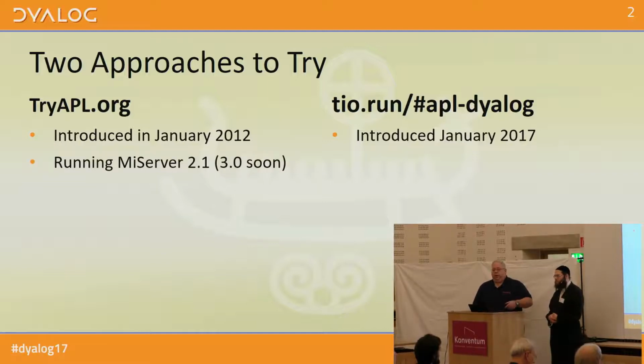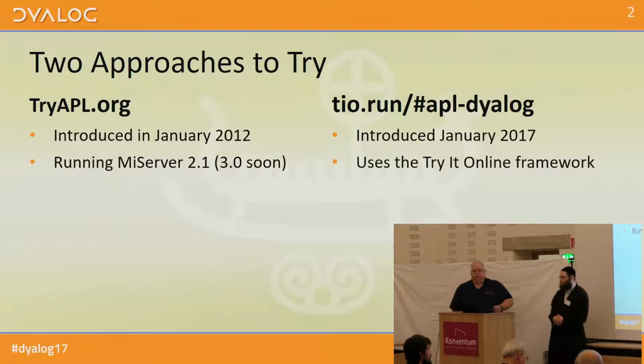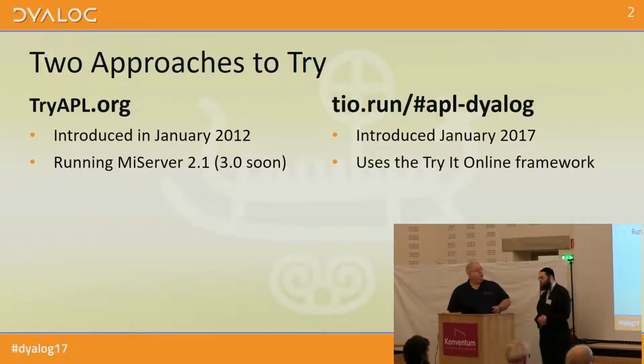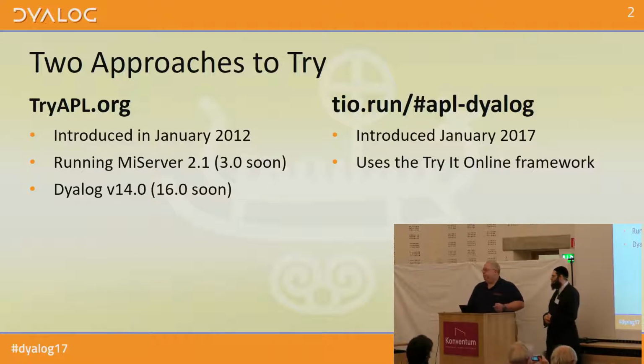Currently, Try APL runs MyServer 2.1, and we'll be upgrading that very shortly to MyServer 3. TIO has its own framework, and that's what it uses for APL. Also, Try APL currently runs Dyalog 14.0, and coincident with our 3.0 upgrade, we'll be upgrading that to Dyalog version 16. TIO uses whichever version of APL is the latest quick update.